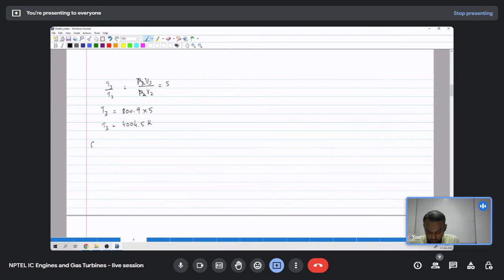Now we know QH is equal to Cp into T3 minus T2. This is 1.004 into 4004.5 minus 800.9.